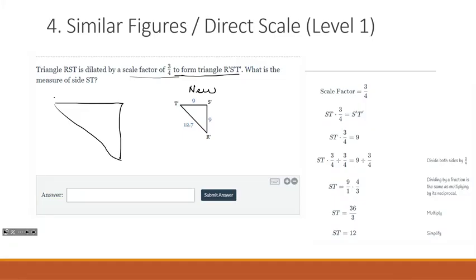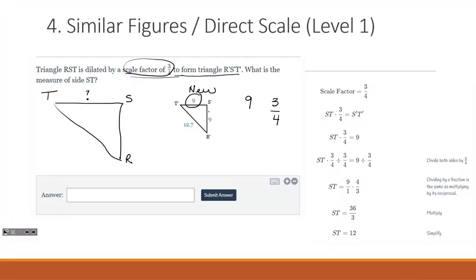Now when you do it, match angle for angle. So you want T here, you'll want an S here, and you'll want R here. It says, what is the measure of side ST? They want to know this side right here. What side does it correspond with? 9. What's our scale factor? 3/4. So what am I going to do with 9 and 3/4?